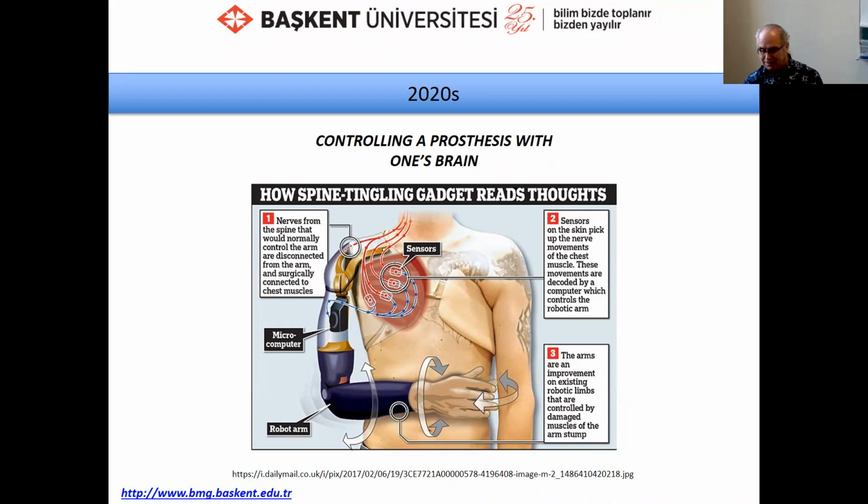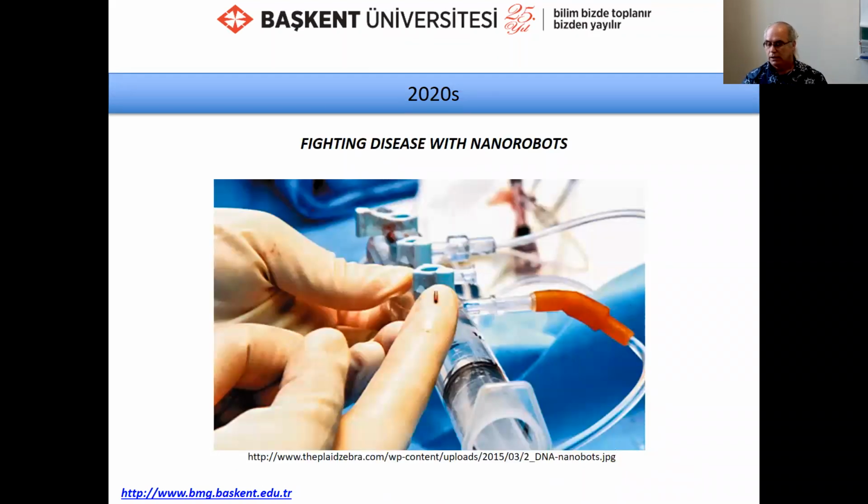It's completely the same, as much as possible, as the original one. And this is really very important, how a spine-tingling gadget reads thoughts. And you can see the mechanism that it's really original and seems natural.